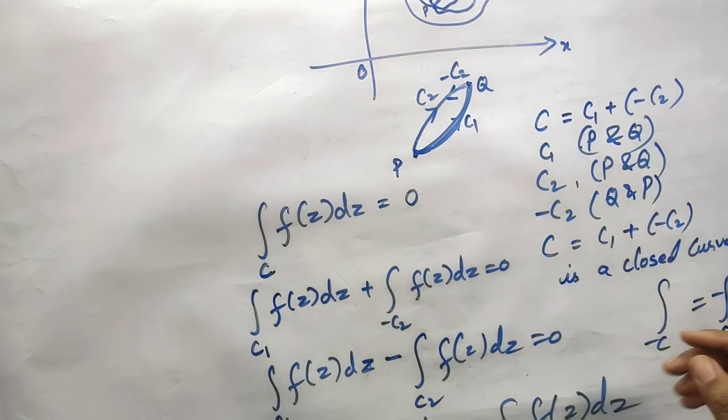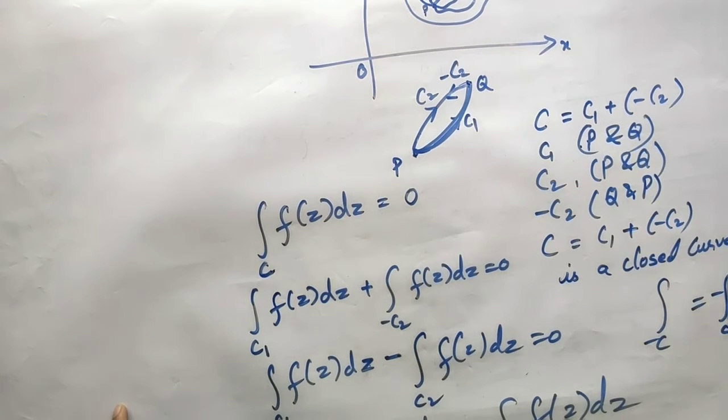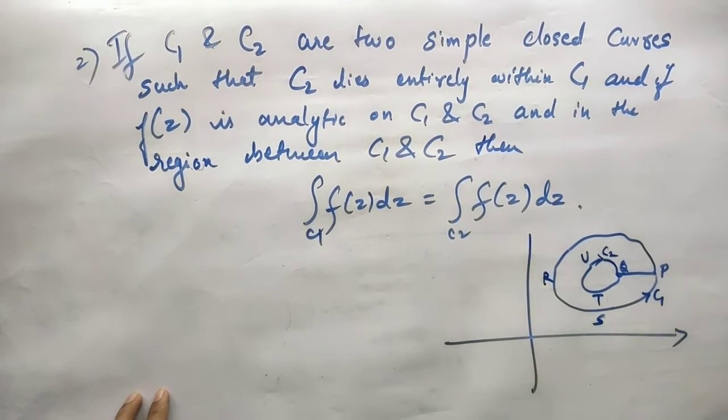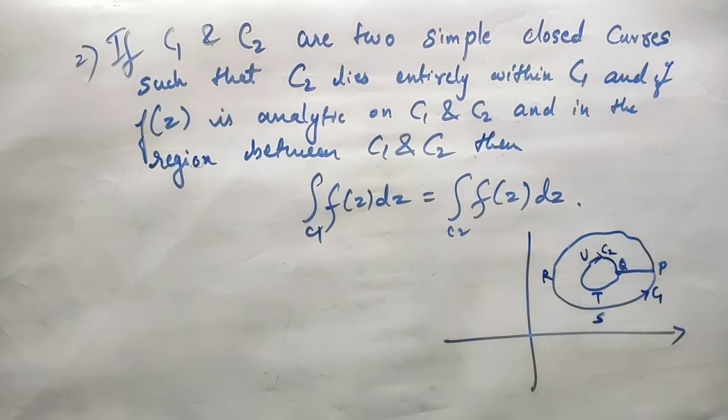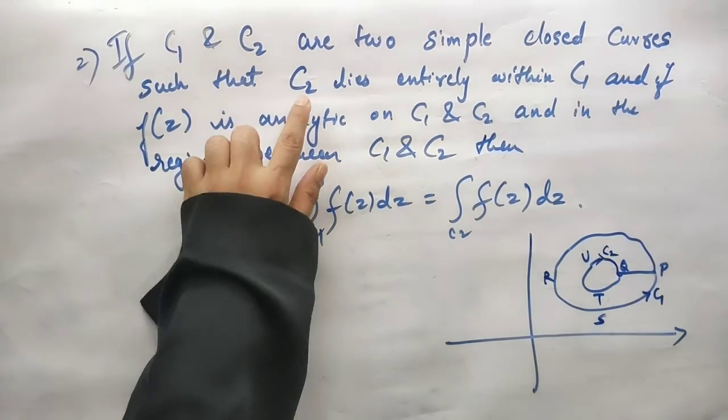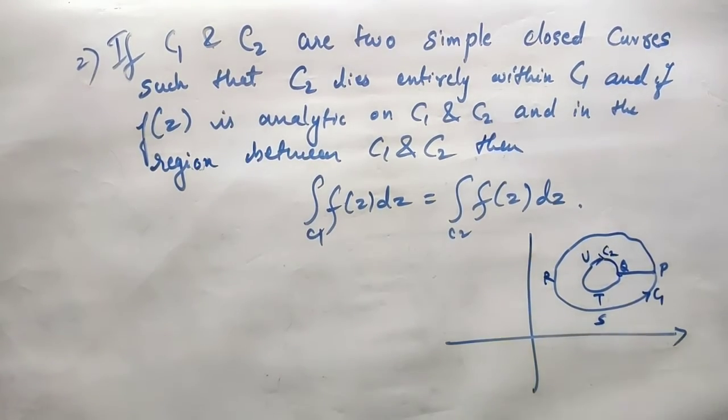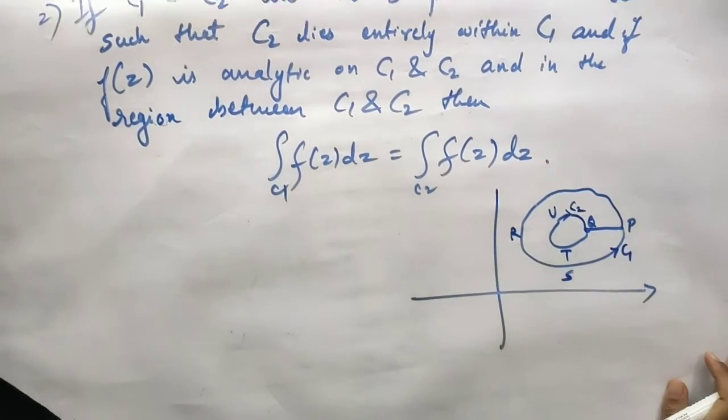There is another consequence that is also very important. Let us discuss that. This other consequence is also very important while we are deriving Cauchy's integral formula. It says: if there are two curves, say C1 and C2, and the two are simple closed curves such that C2 lies entirely within C1. You can see that in the figure. I have drawn it for you.